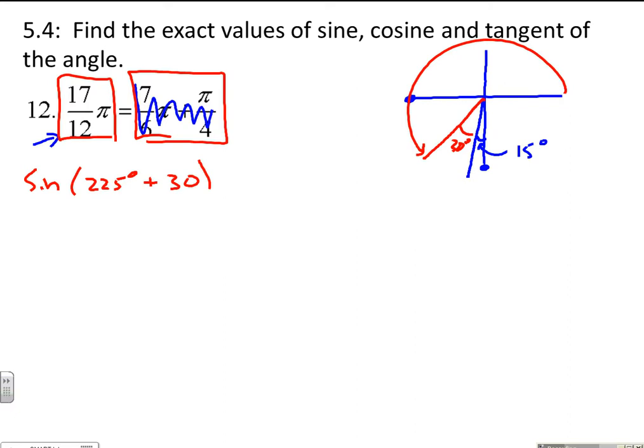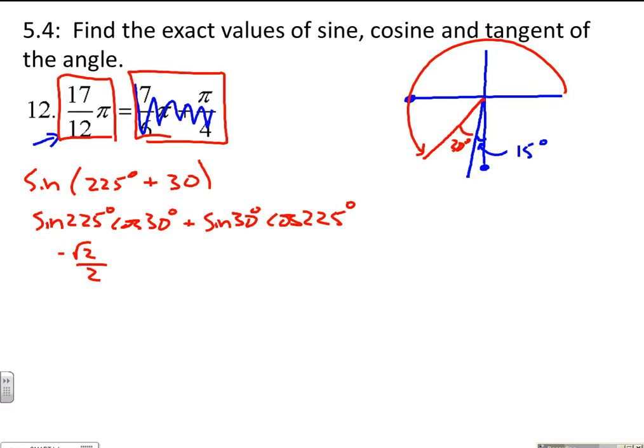So here's our sine of a sum. Sine of a sum becomes sine cosine plus sine cosine, switch them. And you can draw your triangles for this, but sine of 225 degrees is negative root 2 on 2.